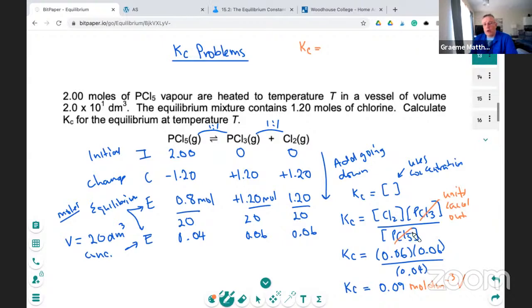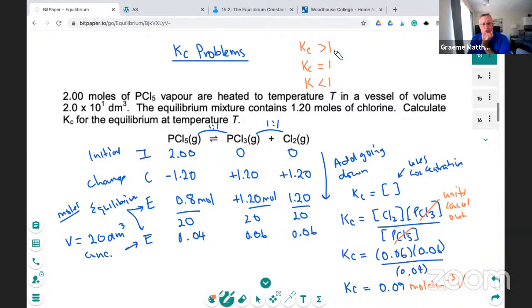So Kc could be greater than 1. It could be equal to 1. In a rather weird example, the concentration of products could equal the concentration of the reactants, and everything just cancels out. Or Kc could be less than 1.